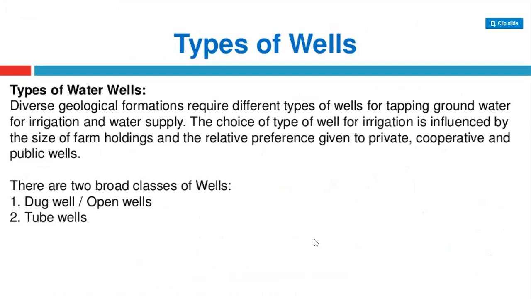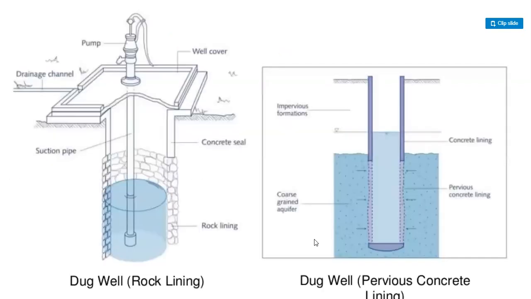There are two broad classes of wells: dug wells or open wells, and tube wells. So guys, this is the dug well with rock lining. Here is called the rock lining. This is the concrete steel. This is the suction pipe.